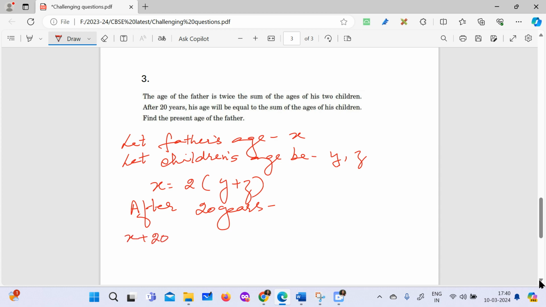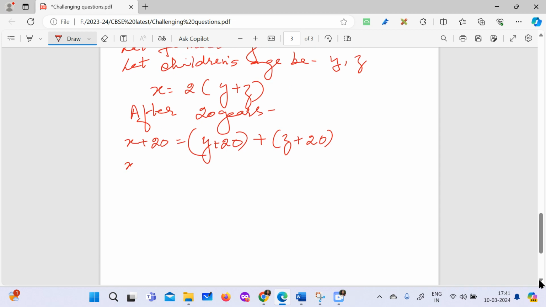If father's age is x plus 20, definitely the children will also be y plus 20 and z plus 20. So now x plus 20 equals y plus 20 plus z plus 20. That will give you y plus z plus 40.